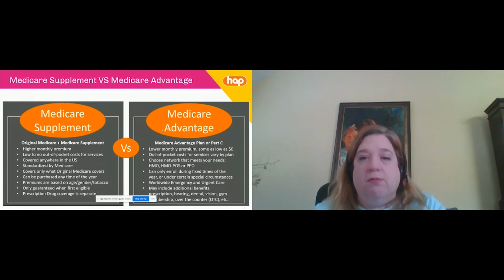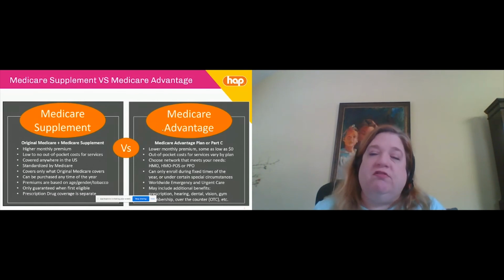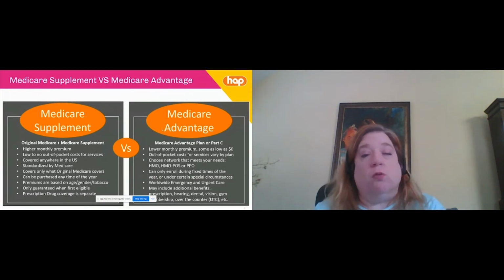So Medicare supplement, which is also known as Medigap, these plans were designed by Medicare to go with Part A and Part B. They control them, they design them, they tell us what is covered, which is only services covered under Part A and Part B. There are no added benefits and there's no prescription coverage included.